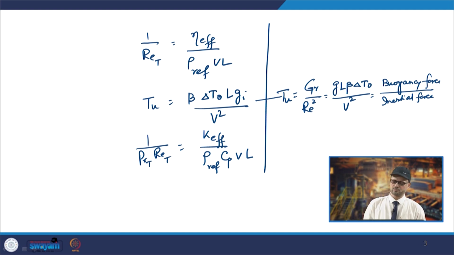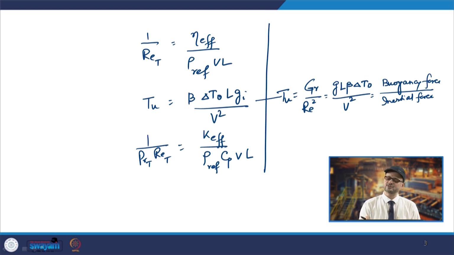This buoyancy force results from the non-uniform temperature distribution inside the tundish, and it basically causes the flow profiles to be changed many a time. It has been seen that because of this, the flow profile in the tundish is changed as compared to what is seen in the case of the isothermal system.